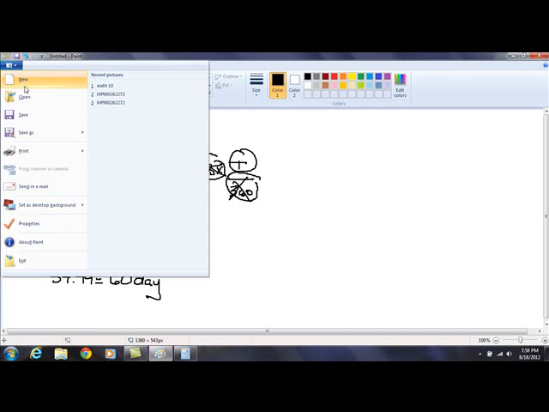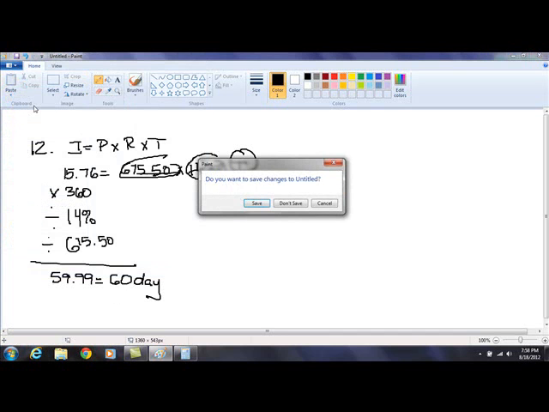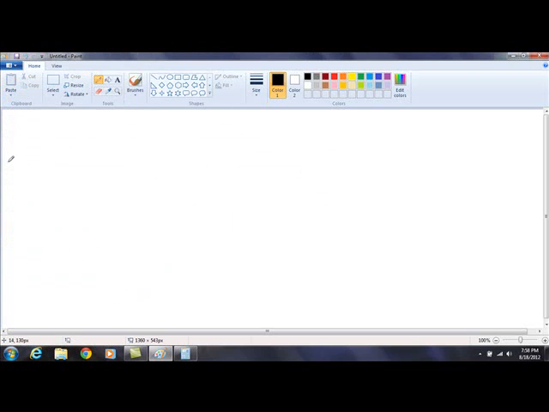Very good. I hope you're finding this easy. Our next one, we're going to be solving for rate, and we're just going to do the exact same thing. We're going to start with our formula for simple interest, which is I equals P times R times T. My interest, I know, it's $296.10.